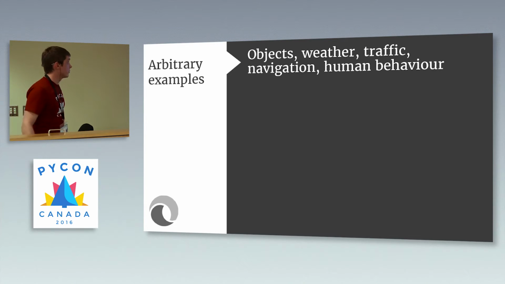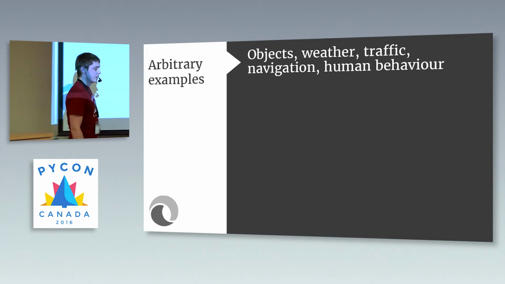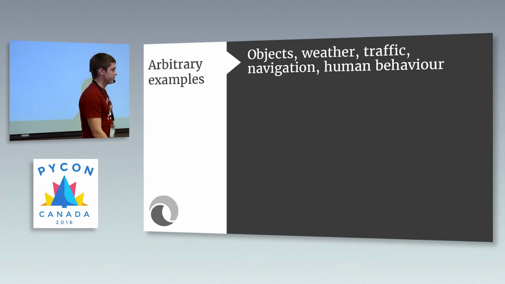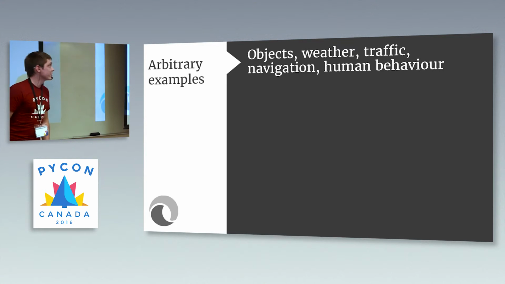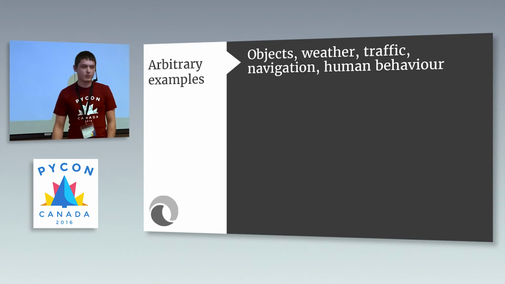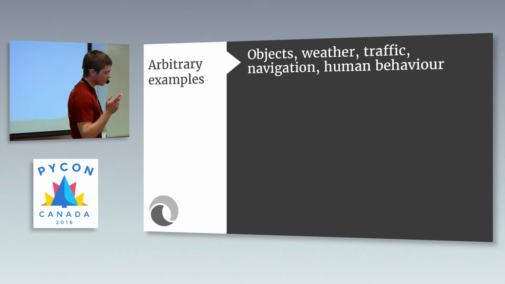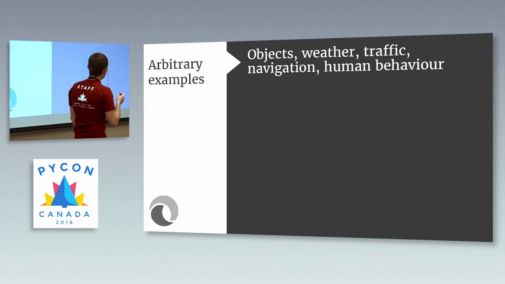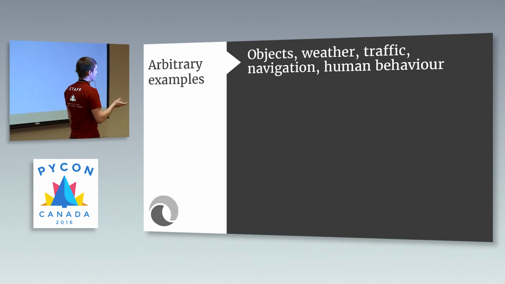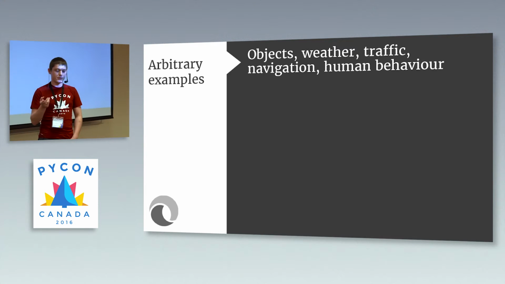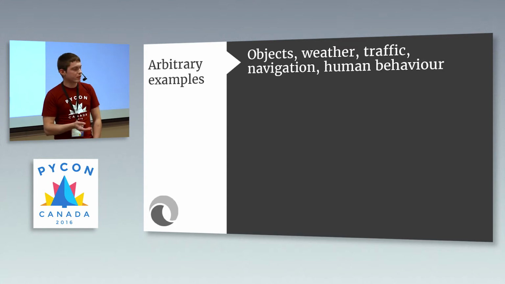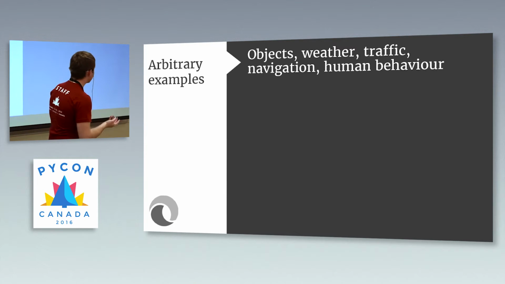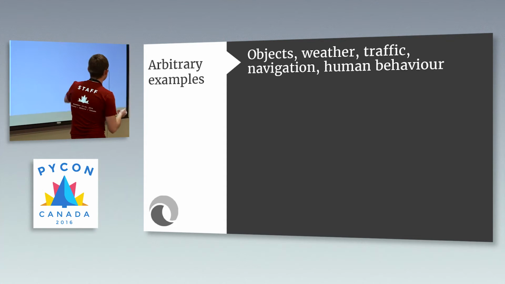There are some very arbitrary examples over here, and I tried to be as random as I could. The first thing that pops to mind when it comes to abstractions, why do we need abstractions in software development? Well, obviously it's to abstract things that we don't have in software, right? We don't have objects, there's none of this in the software.